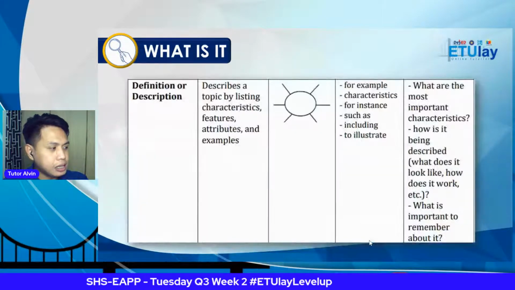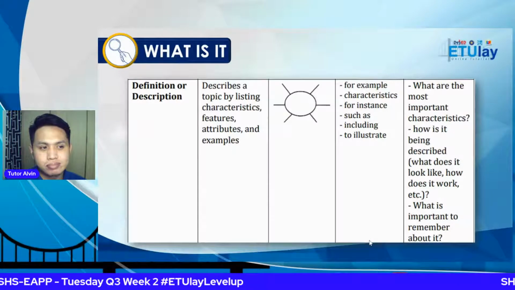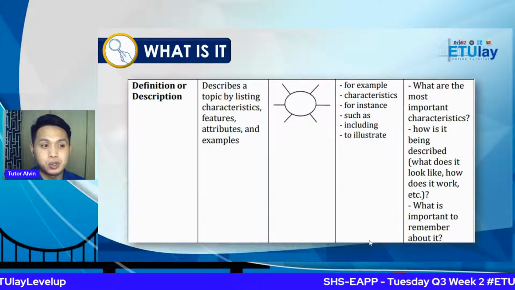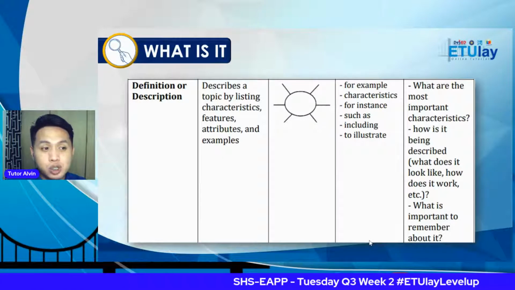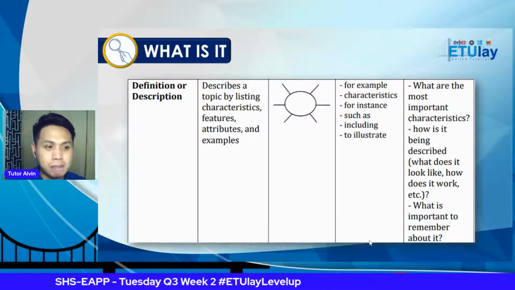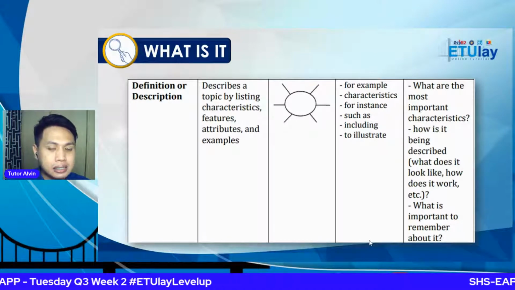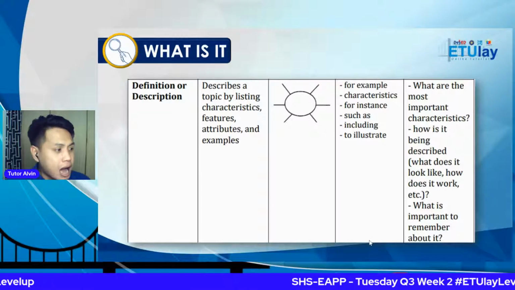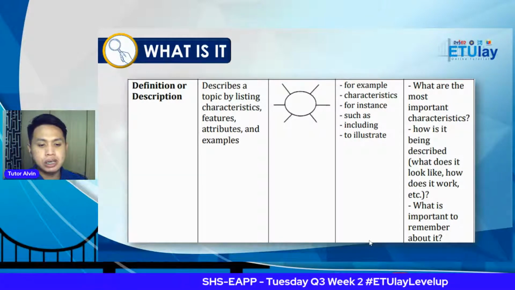So in the same way, just as it shows the similarities and differences. And the last, definitely not least, definition or description. Definition is defining. Description is describing the topic by listing characteristics, features, attributes, and examples. Our graphic organizer here is a concept map.